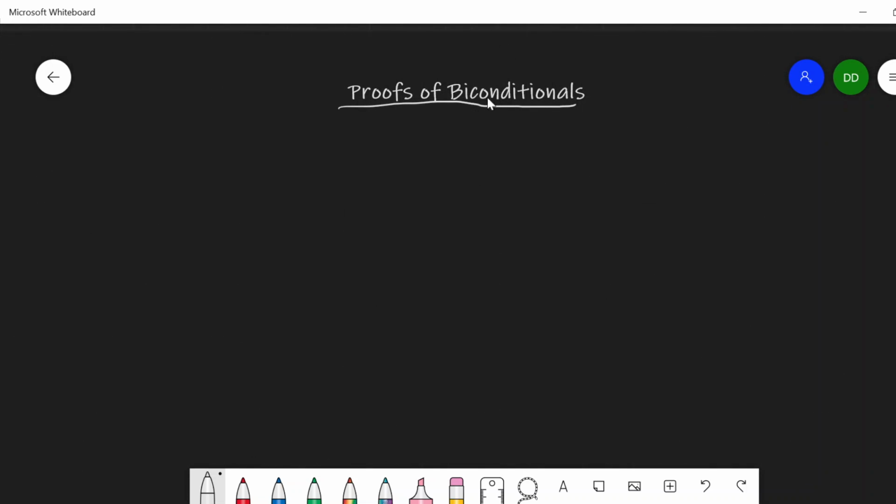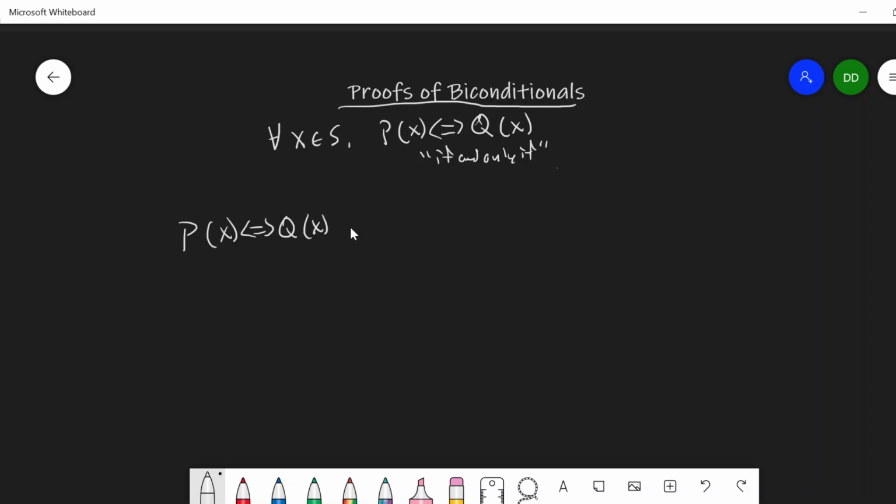So, proof of a biconditional. What I mean by this is proving a statement that looks like, for all x in S, P of x if and only if Q of x. Remember first what a biconditional means. P of x if and only if Q of x has two directions to it.